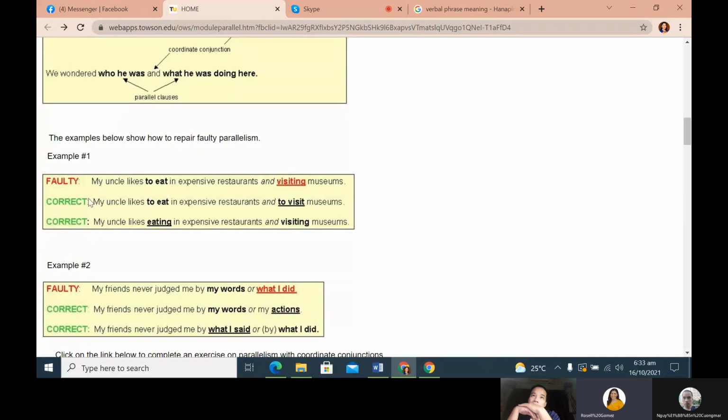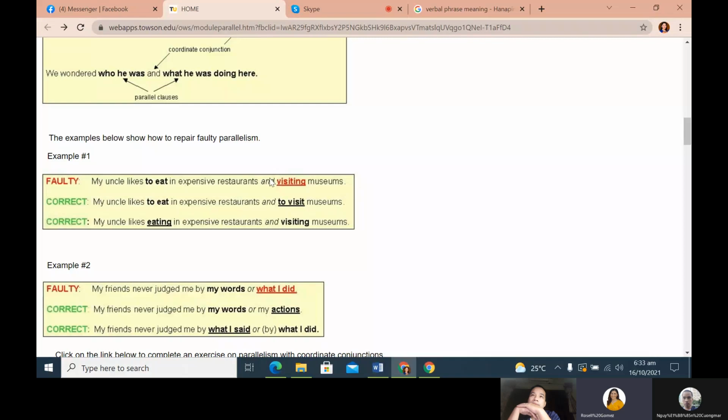Example number 1. My uncle likes to eat in expensive restaurants and visiting museums. This is not parallel. What makes the sentence not parallel? Maybe if we want it to become parallel, we will say, my uncle likes to eat in expensive restaurants and to visit museums. Very good.